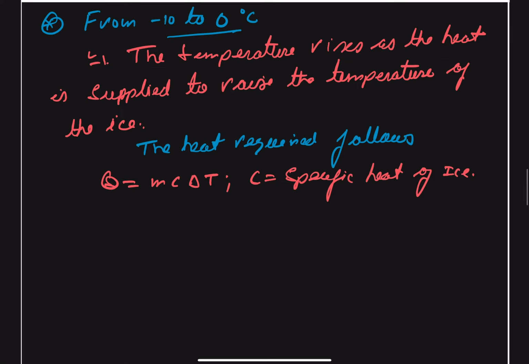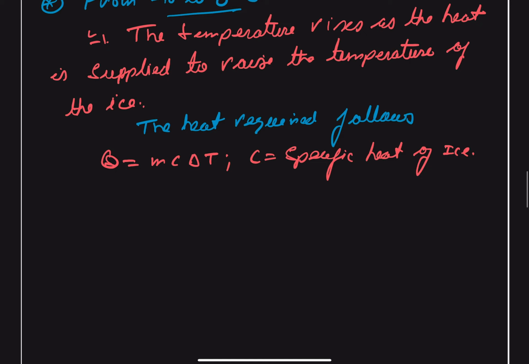So under this condition, the slope of the graph is positive. So this is the first point.